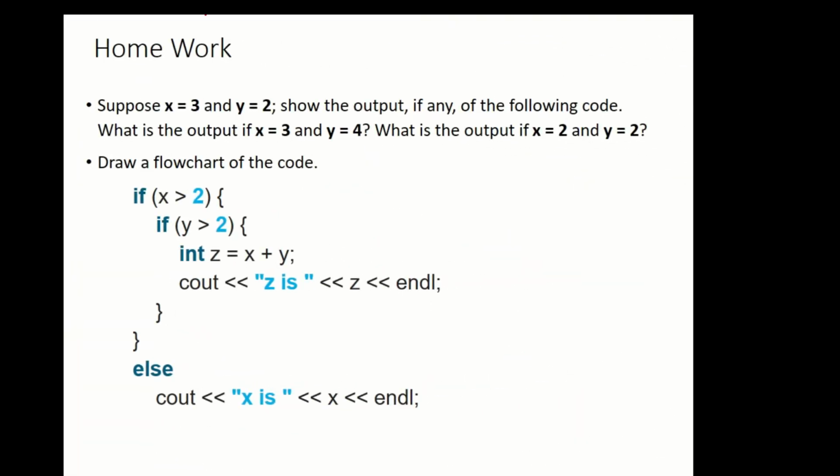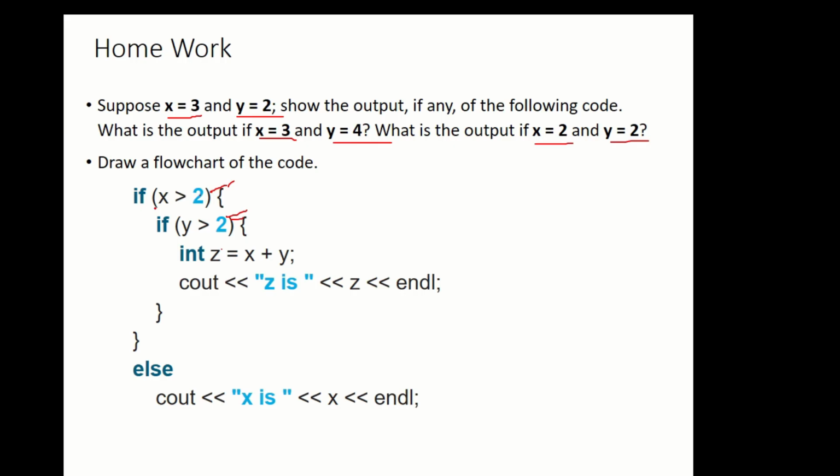Nested if statement. As homework, try giving different values for x and y. You can practice like this. If the value of x changes, what happens? What if this condition is true? If this is false? If this is true? What happens? You can do it on your own. This is an example.